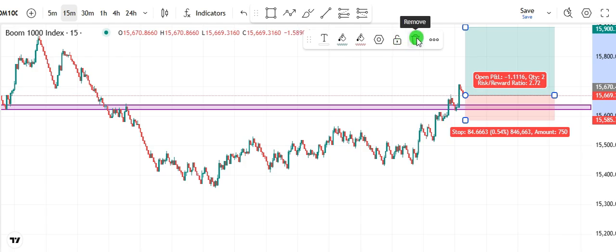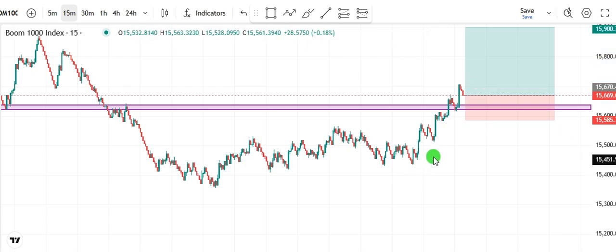Alright, I just went long on 1000. Good. So this is the trade entry. My take profit is open. I didn't put the take profit, just the stop loss, just where it is shown right there.